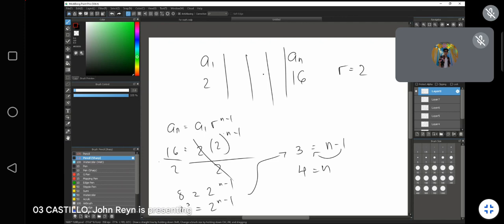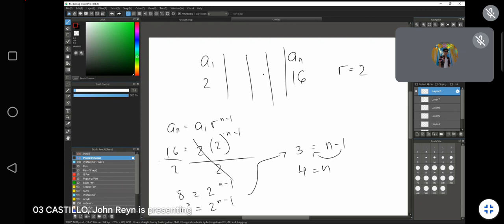Like for 8, it was converted to having a base of 2 raised to 3. 2 raised to 3 is 8. And if you do have the base 2 on the other side, then it's okay to equate the exponents only. 3 is equal to n minus 1 because they have the same base.